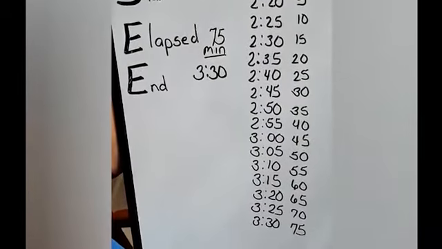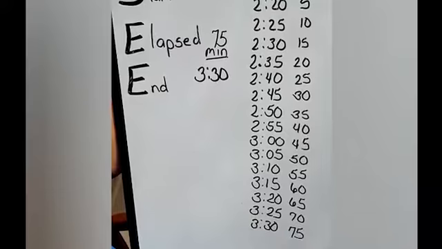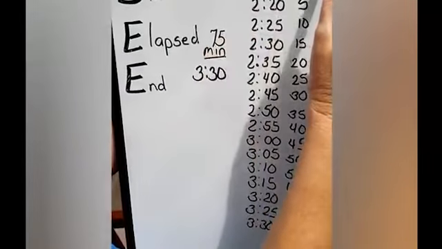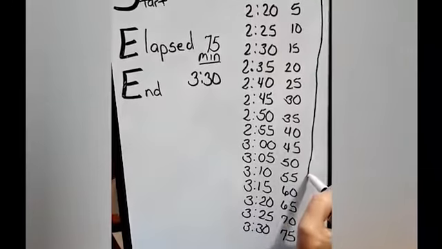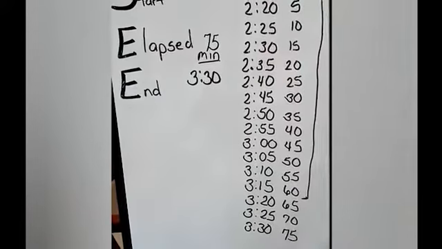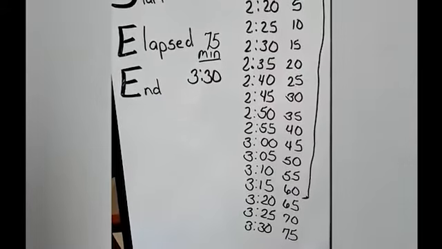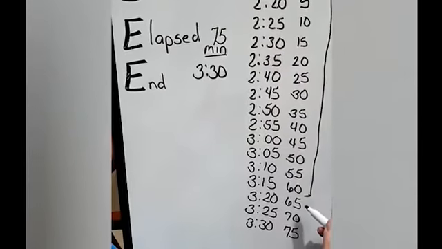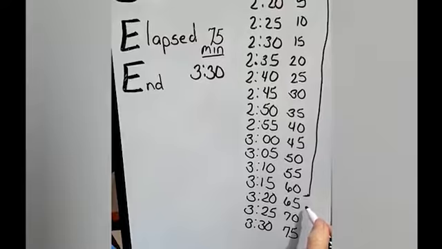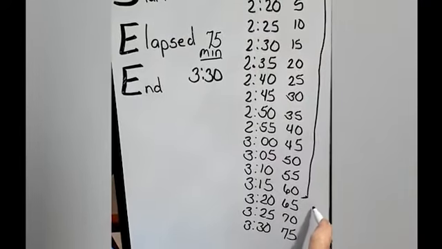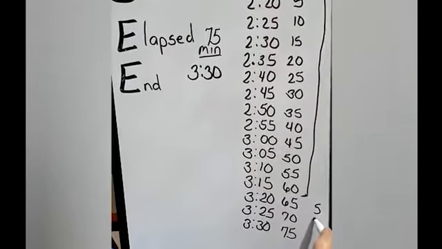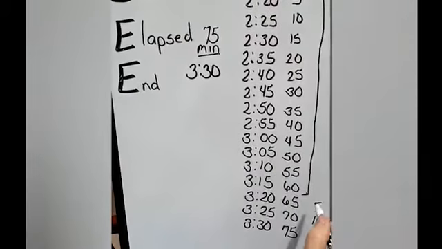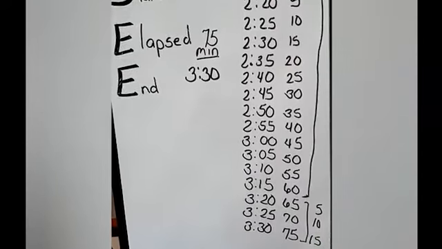But I want to show you one other thing that we could have done. If I started at 2:15 and I went all the way down to 3:15, that gave me 1 hour. And then if I started after my hour, there's 5 more minutes, 10 more minutes, 15 more minutes, right there.